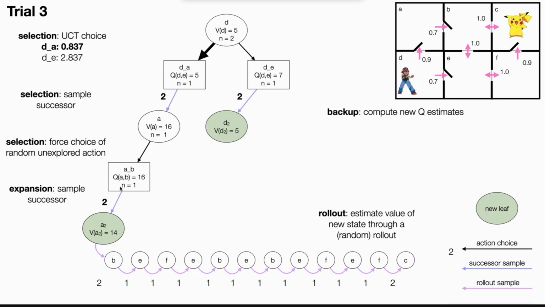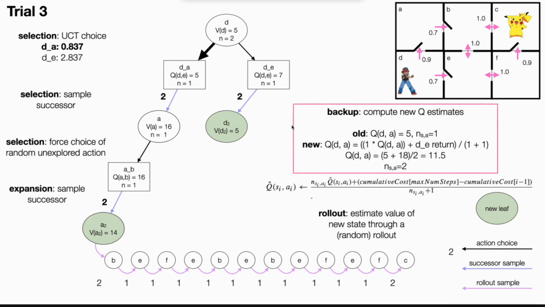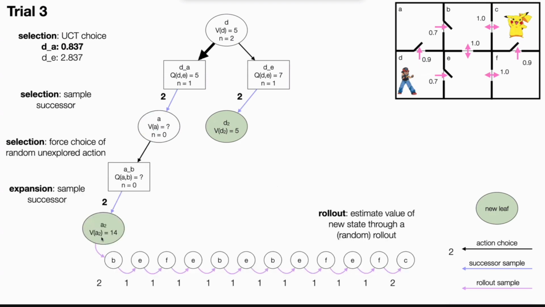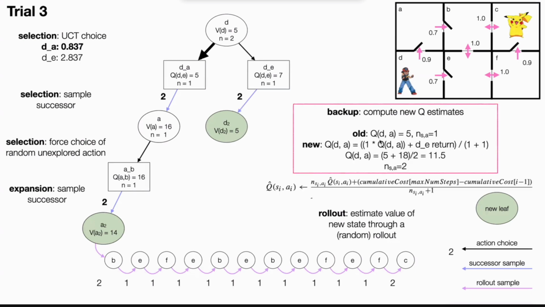And now what we need to do is compute the Q values using these averages. Because once we get back up to D, what we've got is 2 different values. Okay, so let's think about this again. We get down here, we get our value for A here. We push that value back up the tree like we did before. But now we get to this node, which has got a value of 5 in it already. And we want to update the value here. Well, we're going to do that by taking effectively the average.